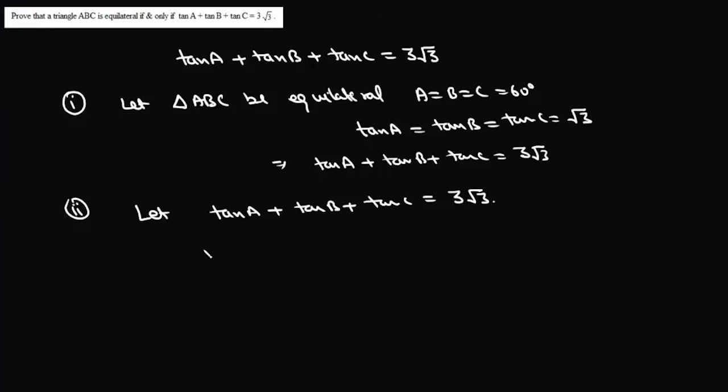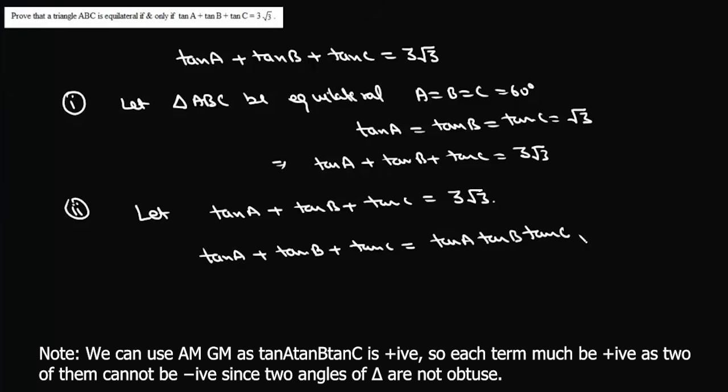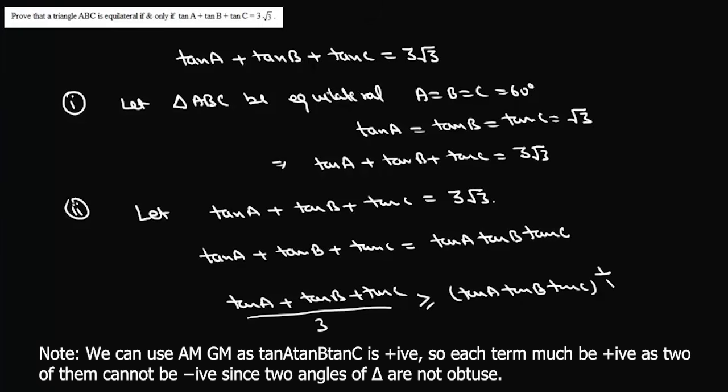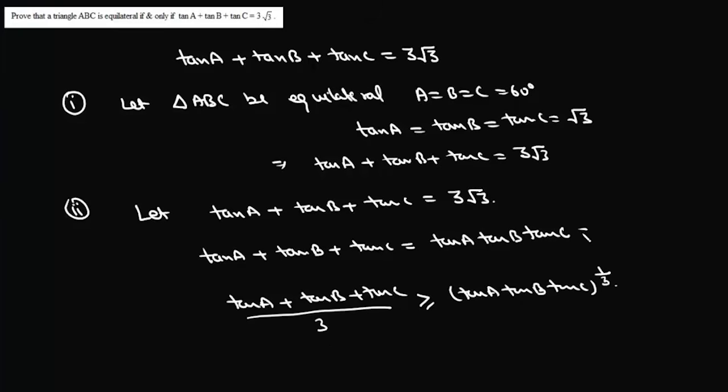Now we know that in a triangle tan A plus tan B plus tan C is equal to tan A into tan B into tan C. If we use AM and GM, then we can write tan A plus tan B plus tan C by 3 will be greater than or equal to tan A into tan B into tan C to the power 1 by 3. Now suppose this is x.